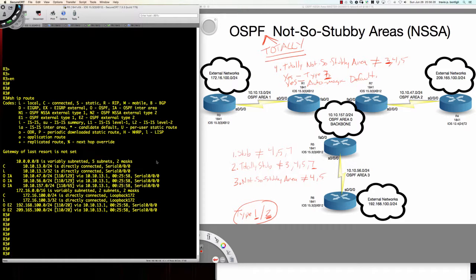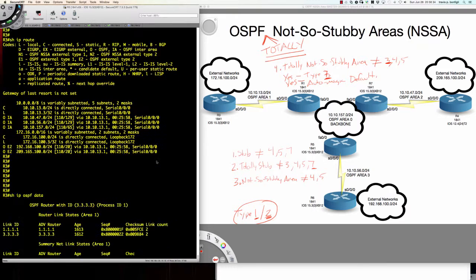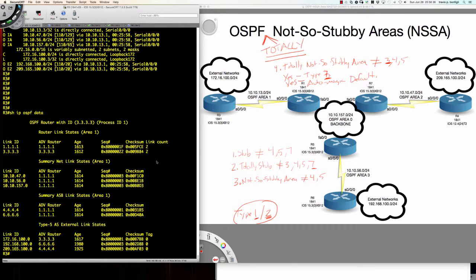Okay, so let's take a look at our OSPF database, show IP OSPF database. As you would expect, we see our router link states, our type 1 LSAs. We see our summary network link states, those are for the 3 inter-area routes. We see the summary ASB link state, so here are our type 4s.